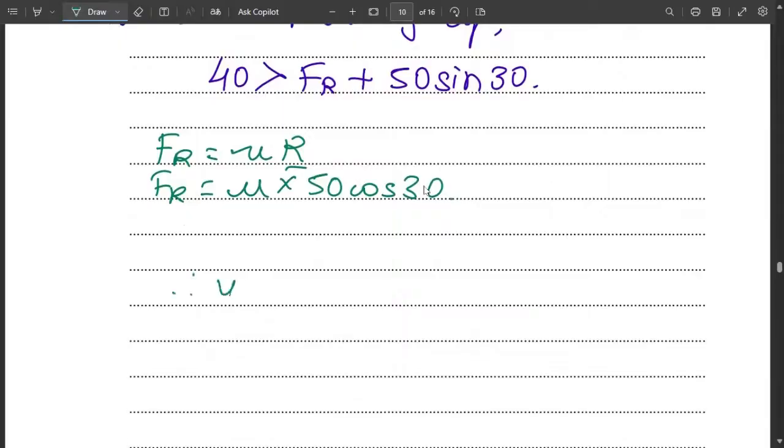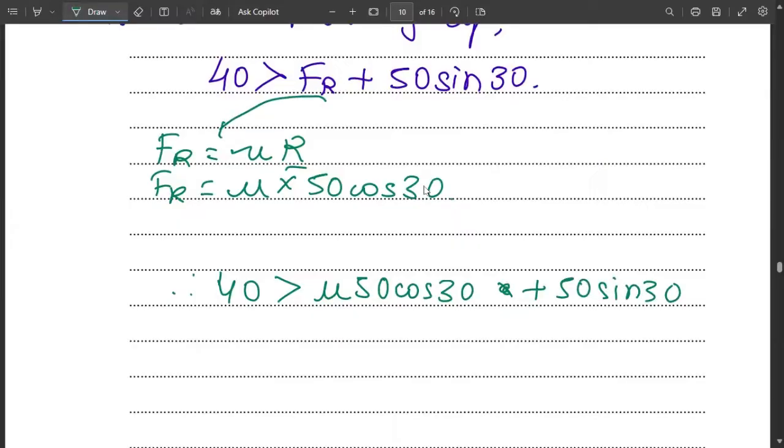Therefore, 40 is greater than mu 50 cos 30 plus 50 sin 30. What I did is instead of Fr, I found this term and wrote it here.